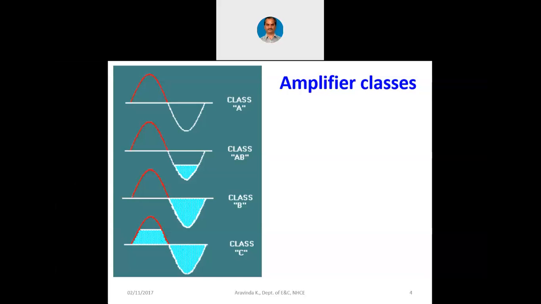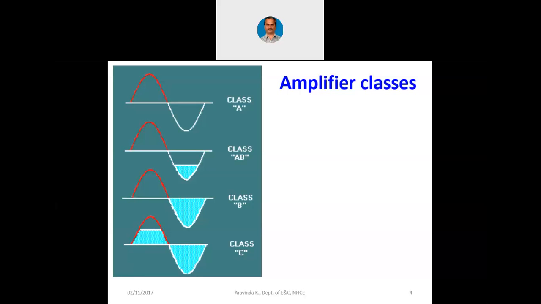The advantage is what? In a class C amplifier, we save a lot of power. RF power is very expensive, in the sense that if an amplifier has to work at 2.4 gigahertz, it is quite expensive. So, we can save the power there. That is how your mobile phone also can save some power from the battery.